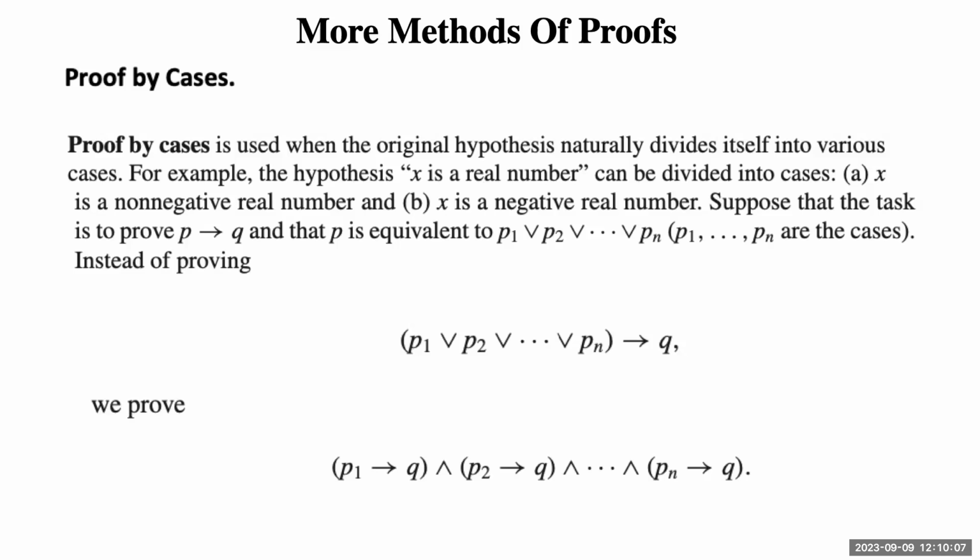Instead of proving P1 or P2 or P3 down to Pn implies Q, we can say that's the same thing as saying P1 implies Q and P2 implies Q and so on down to Pn implies Q. So in other words, you break it up into cases, and you prove each case implies Q. And if they all work, then you've proved the thing. That's called proof by cases.